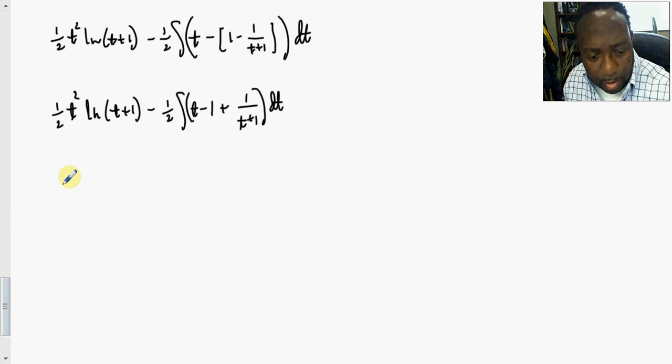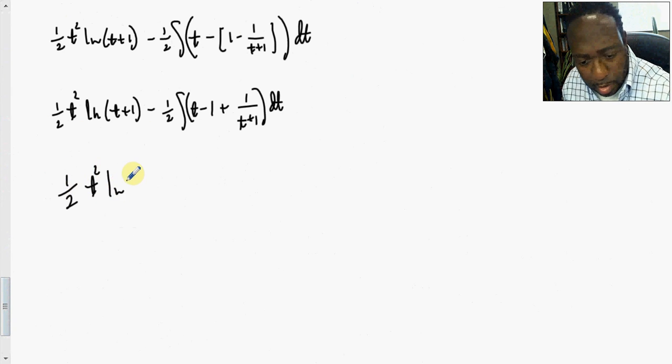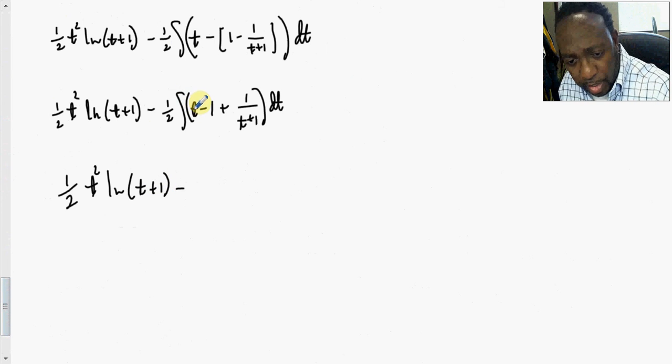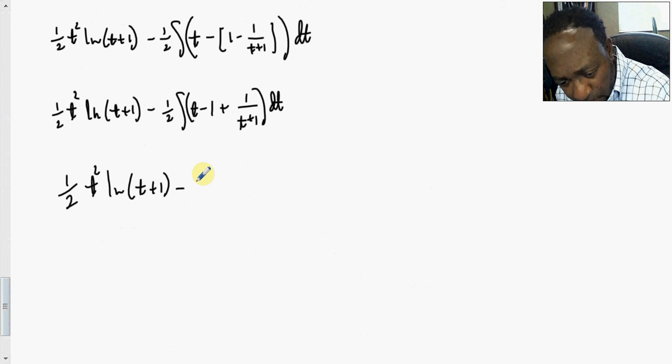So now we can integrate. It's 1/2 t squared times the natural log of t plus 1, minus 1/2 times the integral of t, which is t squared over 2, so this is minus 1/4 t squared.